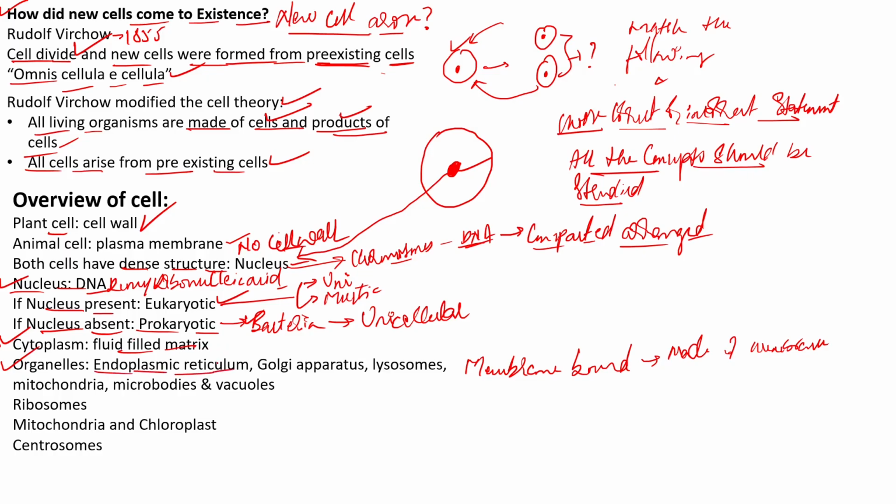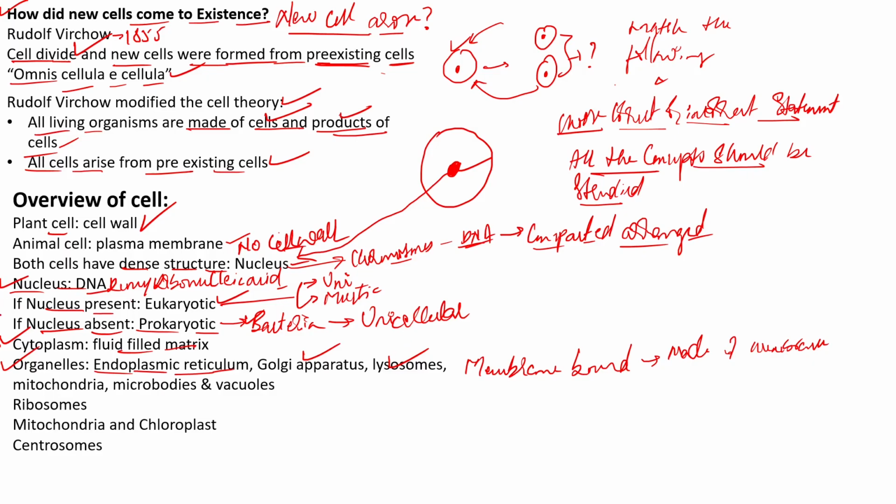The first is the endoplasmic reticulum, which is mainly involved in compartmentalization of the cytoplasm. The next is the Golgi apparatus, also called the Golgi complex. The next is the lysosomes, which you know well. They are popularly called the suicide bags of the cells, because they mainly contain hydrolytic enzymes.